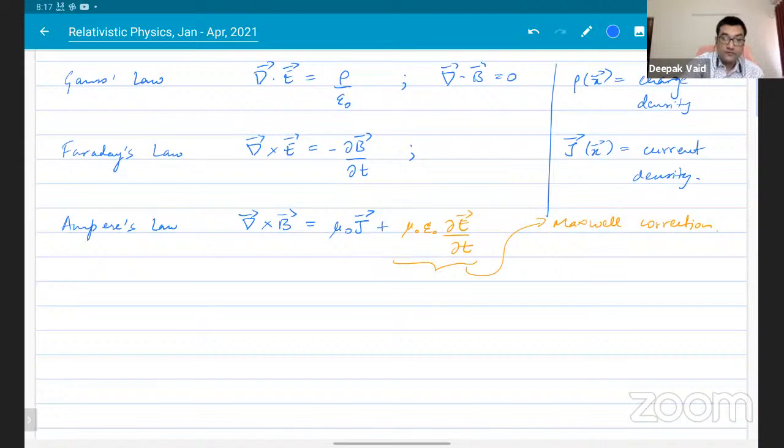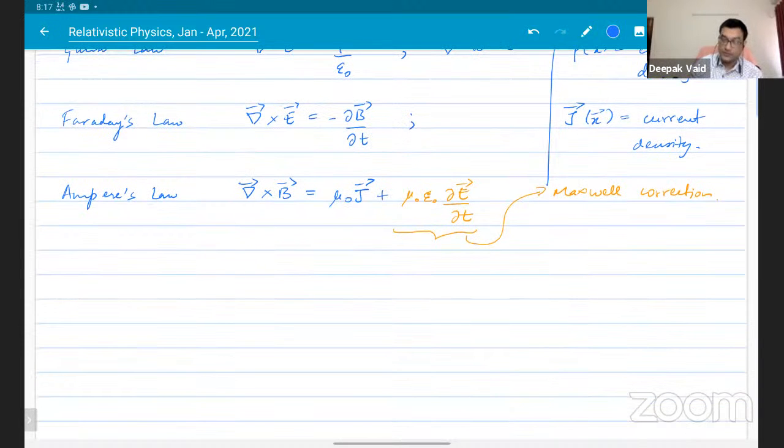So if you have time dependent sources, well, then that can lead to modifications, and you will need to include another equation to supplement Maxwell's equations.